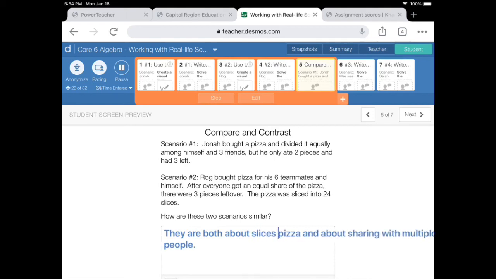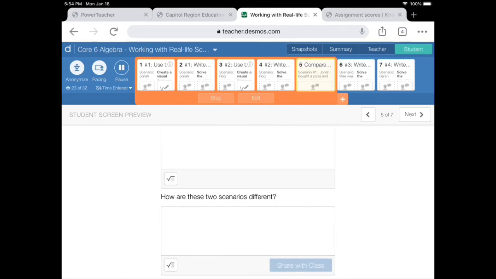And what makes these two scenarios different? Well, in one we were looking for the total number of slices, whereas in the other we were looking for how many each person got when it was divided equally.